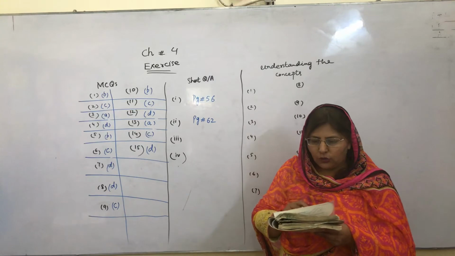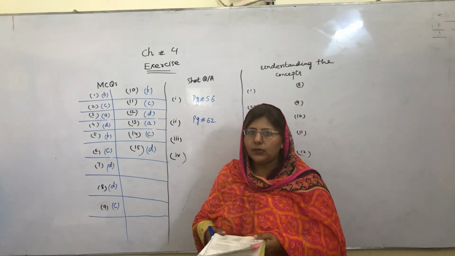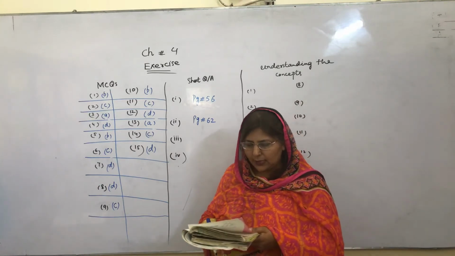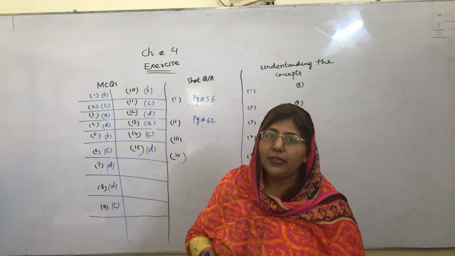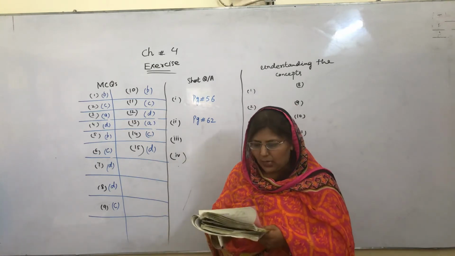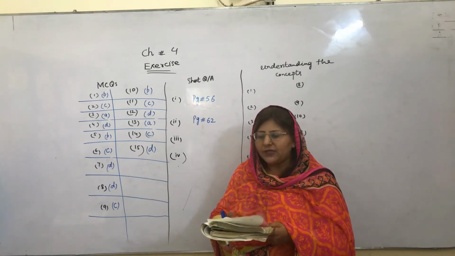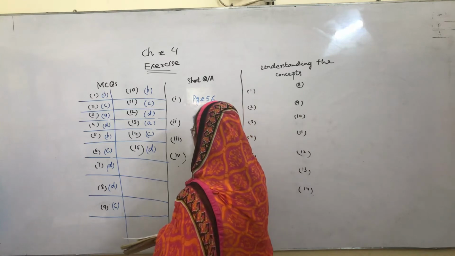Leucoplasts are transparent and help store food particles in the body of the plant cells, and chromoplasts are pigmented and give color to the plant. And question number 3, differentiate between diffusion and facilitated diffusion. Its answer you can find on page number 69.